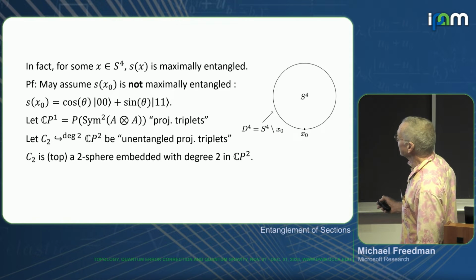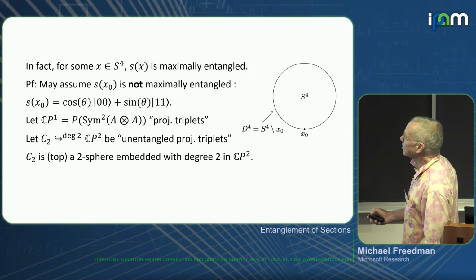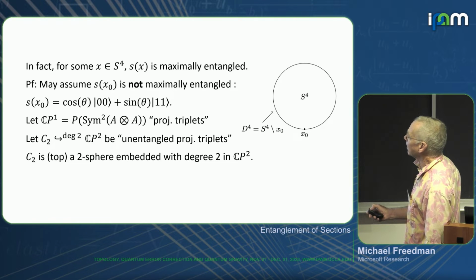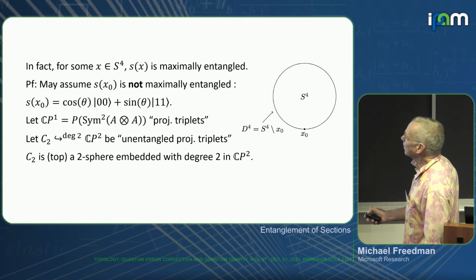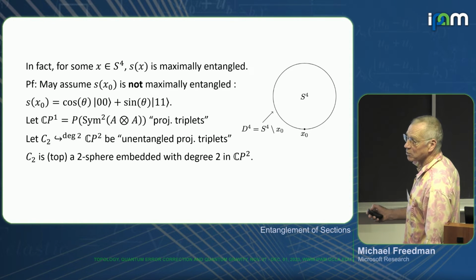Then in particular, it's not maximally entangled at the South Pole. So we write the section at the South Pole out in some coordinates. This is not too important. It's just that theta is not taking an extreme value. In other words, I should have written this as a condition: if the absolute values of cosine theta and sine theta are equal, that's maximally entangled. So theta is some angle other than 45 degrees or its odd multiples.